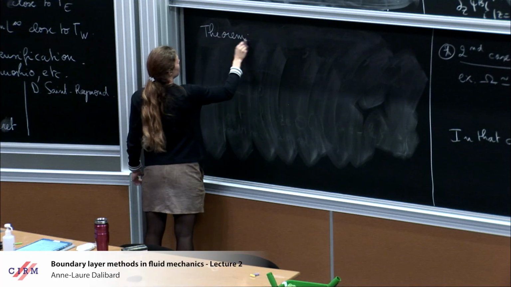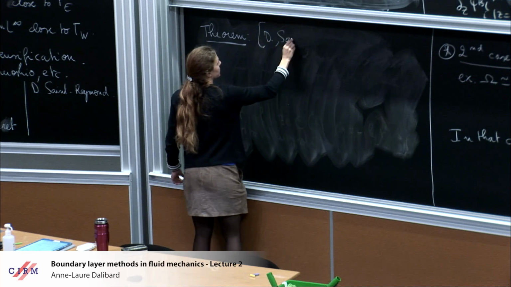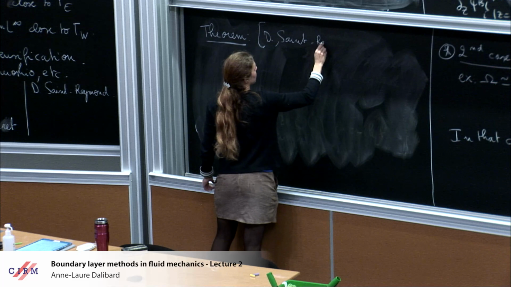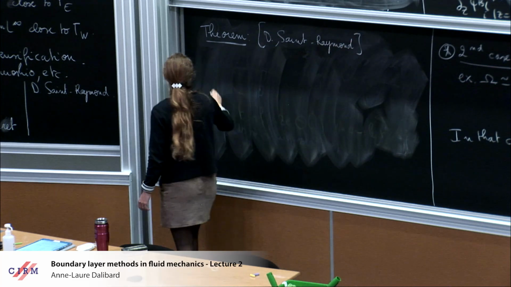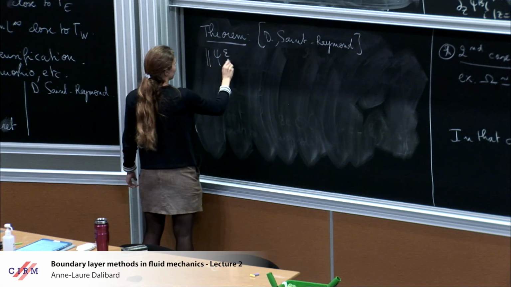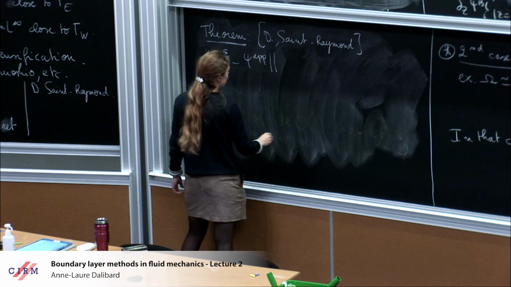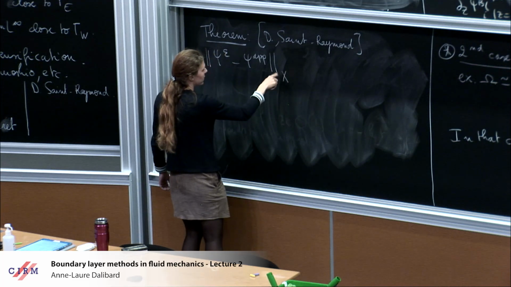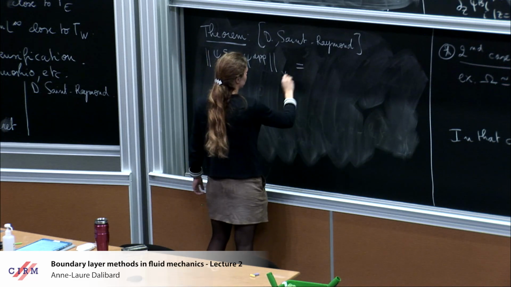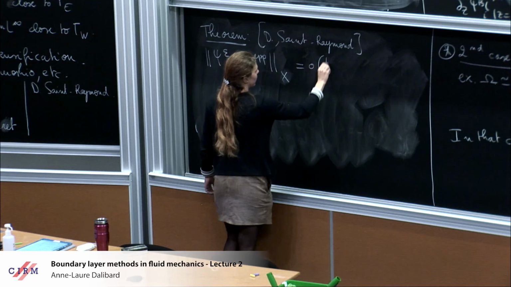And so in the end, the theorem is that you have psi epsilon minus psi up in a certain norm. Actually, it's the H2 norm, but I'll write it in this way nevertheless.